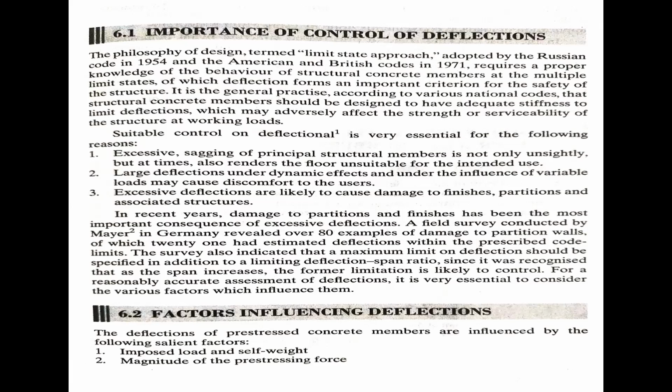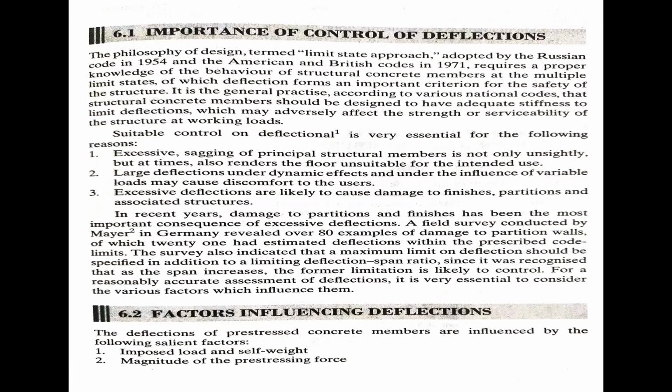The survey also indicated that a maximum limit on deflection should be specified in addition to a limiting deflection-span ratio. Since it was recognized that as the span increases, the former limitation is likely to control. For a reasonably accurate assessment of deflections, it is very essential to consider the various factors which influence them.